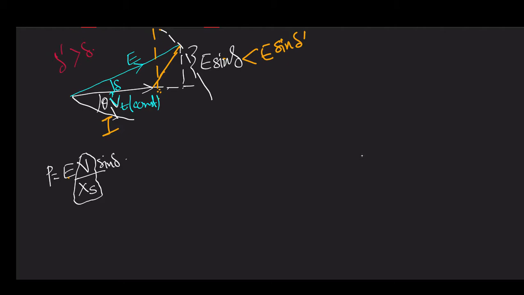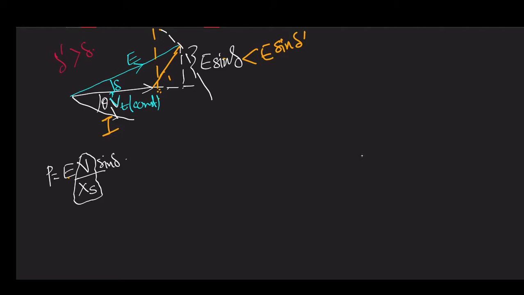It is like you are changing the voltage difference across a fixed reactance, that is Xs, and therefore the current will change. However, if we are keeping delta constant, then this will remain constant, and V is also remaining constant.